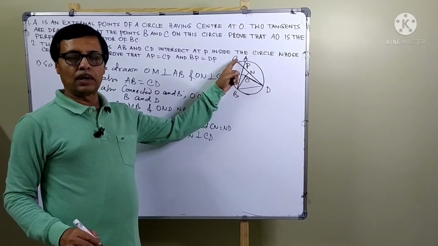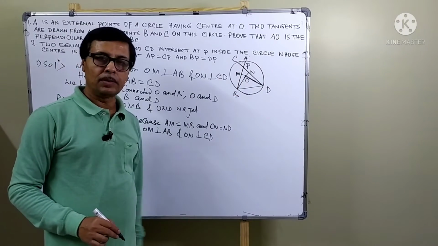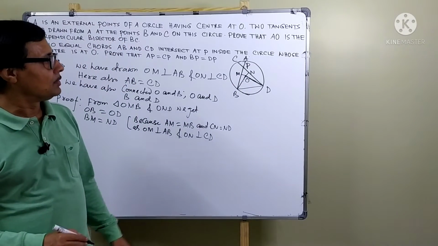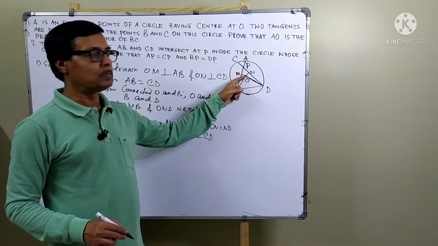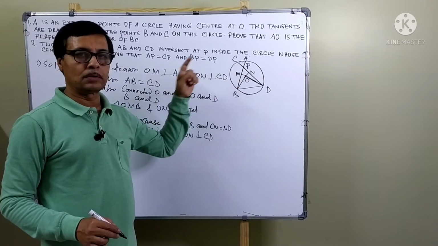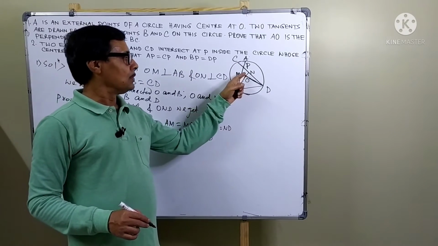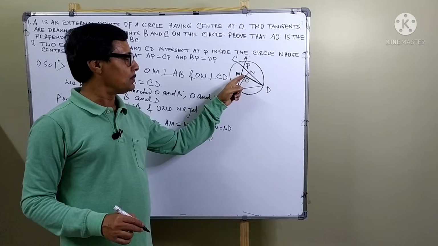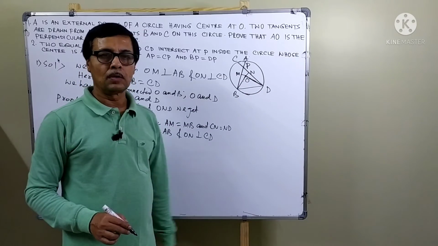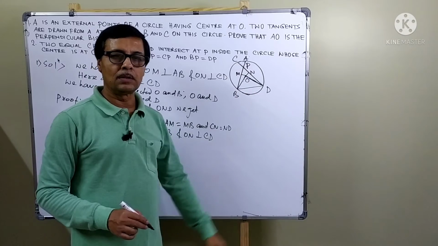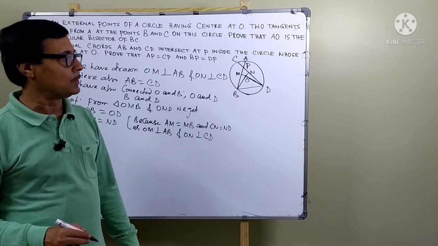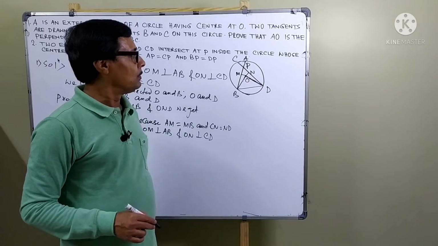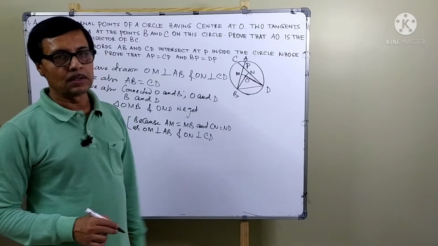OM perpendicular to AB means OM bisects AB, and ON perpendicular to CD means ON bisects CD, because OM is a perpendicular drawn from the center of the circle to this chord, and ON is also a perpendicular drawn from the center of the circle to the chord CD. We already know this from a theorem. So OM and ON bisect AB and CD respectively.